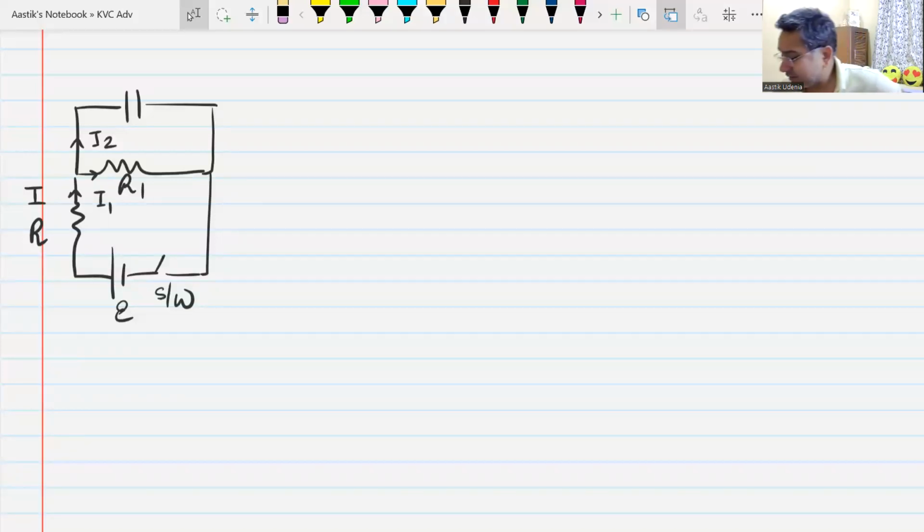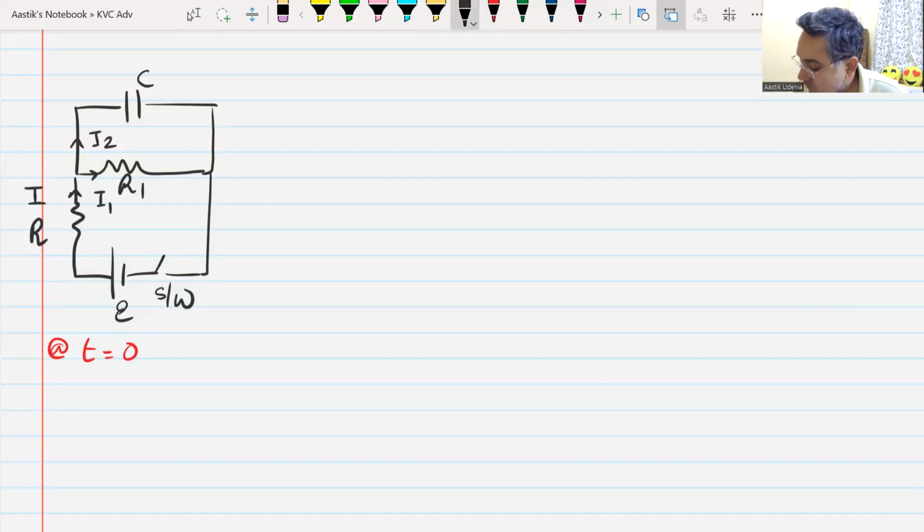And this is the circuit. The first question is at time t equal to 0, you have to tell me the value of I, I1 and I2. The resistances are R and R1. The capacitor is C1 and the switch is switched on at time t equal to 0 seconds. What is the value of I, I1 and I2?